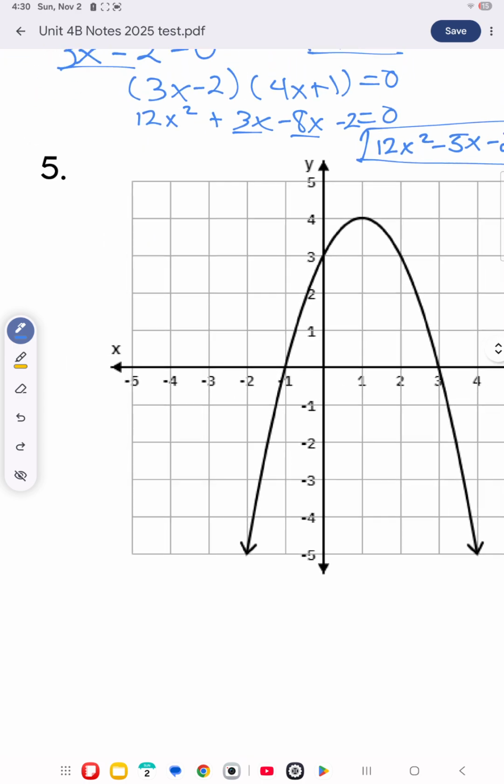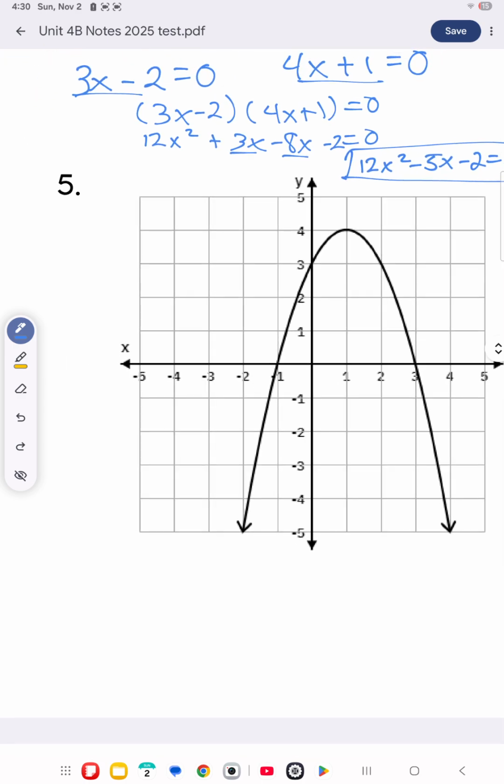Okay, so number 5, I'm throwing a little wrinkle at you here. We want to know what our roots are. Those are our x-intercepts, all right? So I have an x-intercept at x equals negative 1 and at x equals 3. So we do the same thing. This means that x plus 1 equals 0 and x minus 3 equals 0.